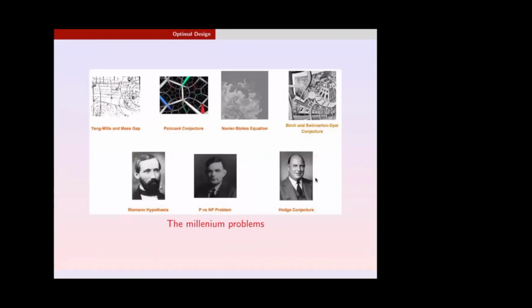Actually, as I said the other day, out of the 7 millennium problems that were advertised 21 years ago, with the turn of the century, only one of them was solved, by the Russian Perelman.